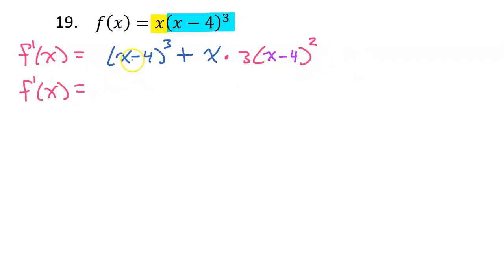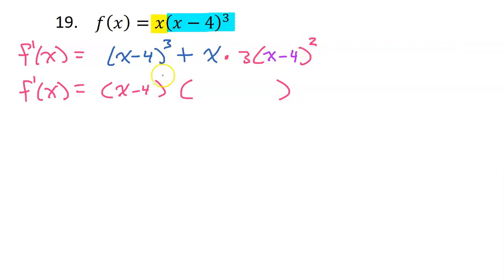Notice that we have this factor of x minus 4 in common with both terms. Let's factor that out and put the x minus 4 in front of parentheses. But what exponent should we use? Always go with the lower exponent.